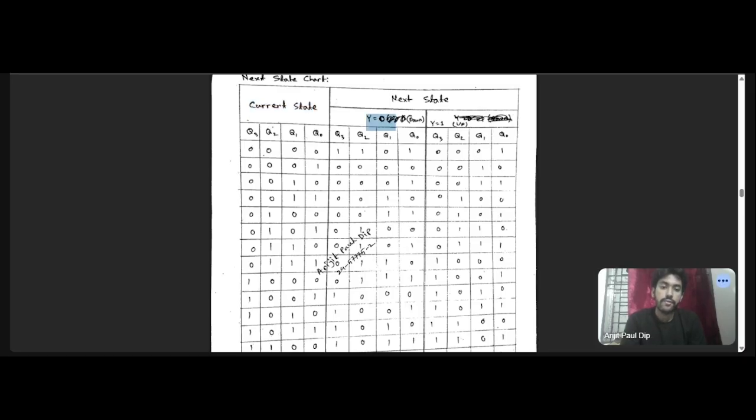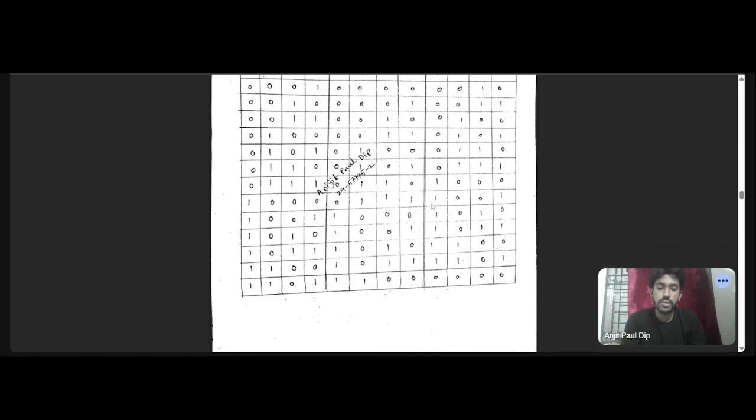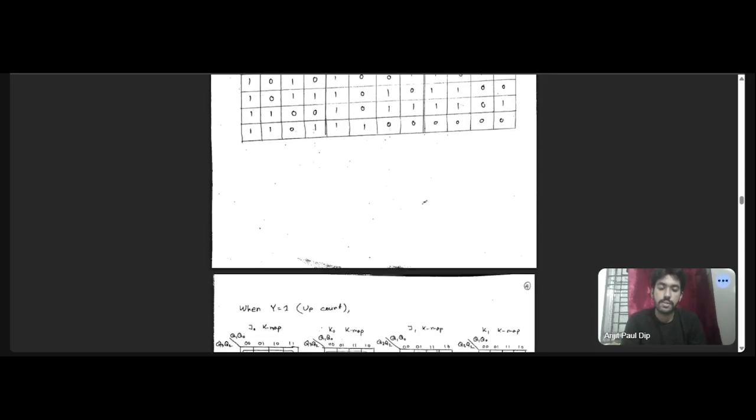And if y is 1, like the car is entering, and it should now behave as an up counter, then the outputs will be the following. So we got the truth table.